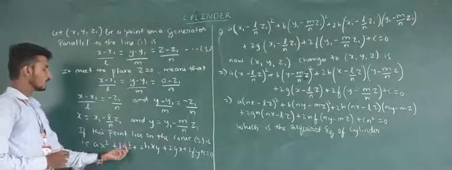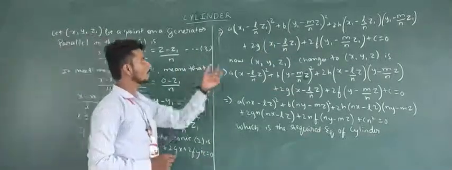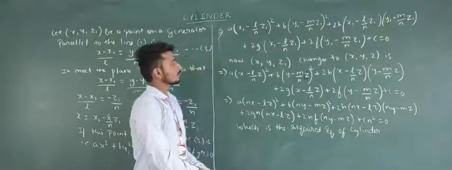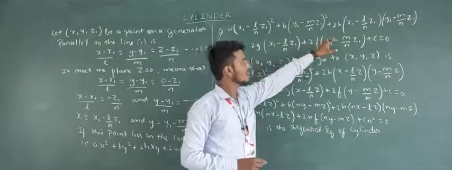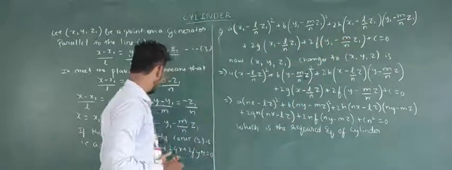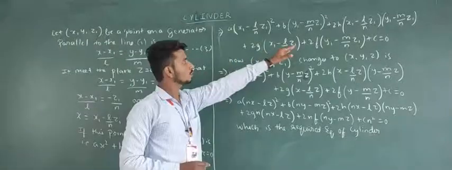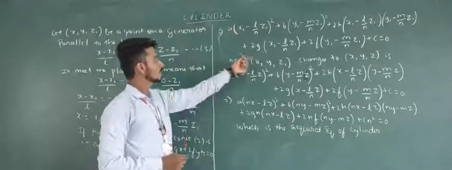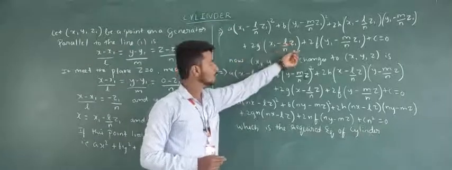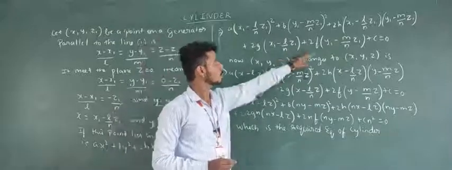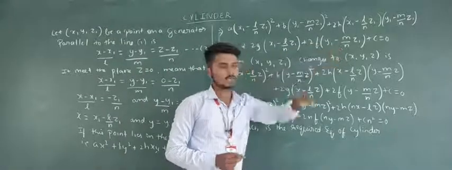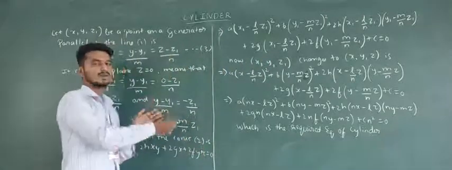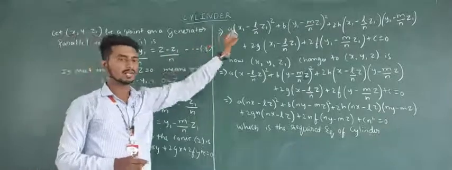Here it is y square, so we will substitute y1 minus (m by n) into z1 whole square plus 2h into (x1 minus l divided by n into z1), because here it is 2hxy, into (y1 minus m by n into z1) plus 2g into (x1 minus l by n into z1) plus 2f into (y1 minus m divided by n into z1) plus c equal to 0. So now we have substituted the values of x and y in this conic equation.